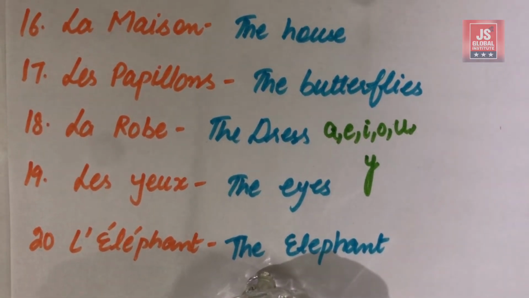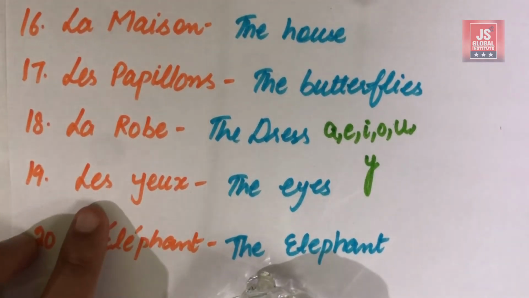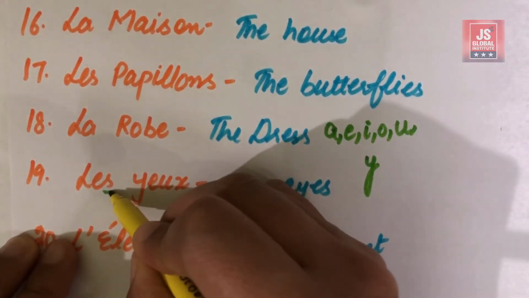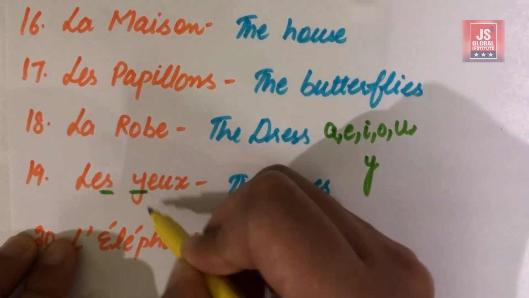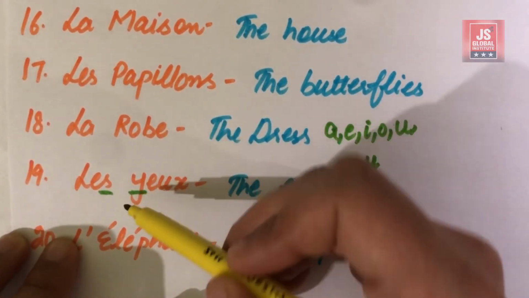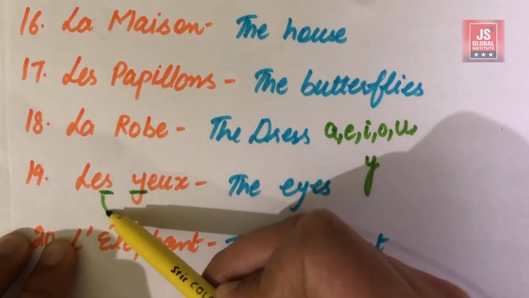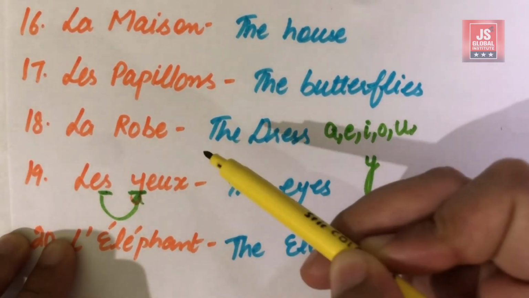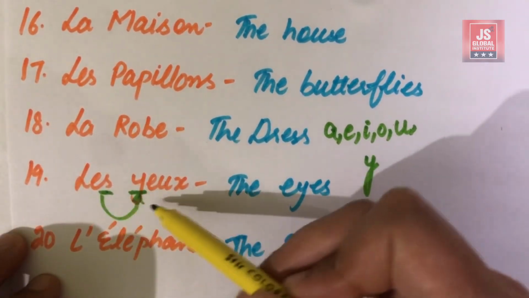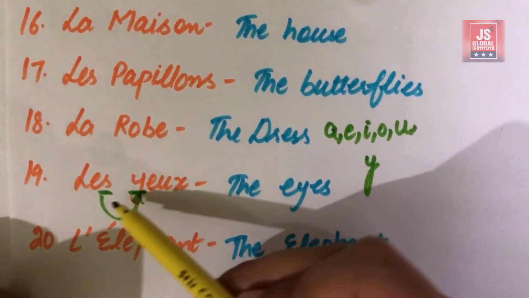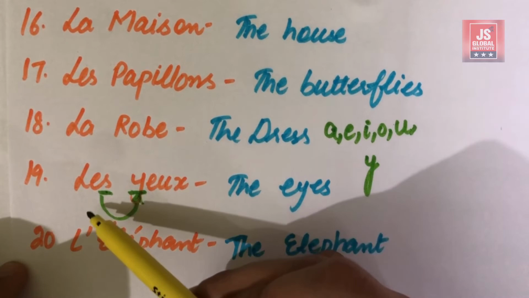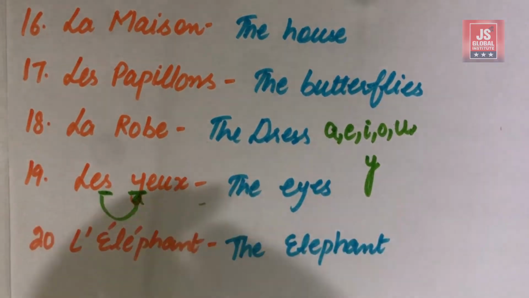Accordingly here this S will get connected to the vowel. As I mentioned earlier as well, this last consonant will link to the next vowel and will produce the collective sound. The collective sound produced is lez-yeux. Repeat after me, lez-yeux.